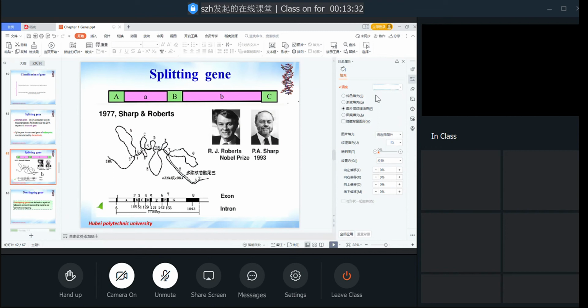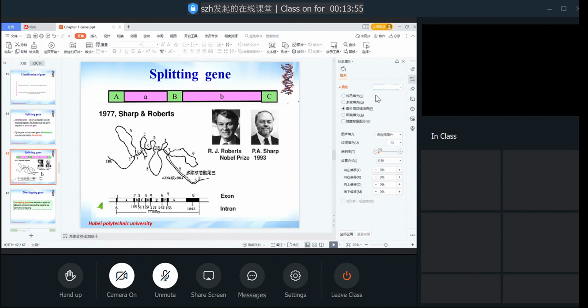Maybe here, at the bottom of this PPT, you can see exon and intron. What do they mean? In one gene, you can see the coding peptide sequence. According to this sequence, what is finally left encodes the peptide chain.